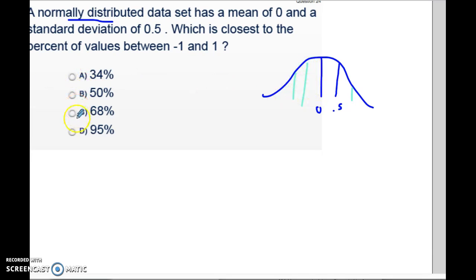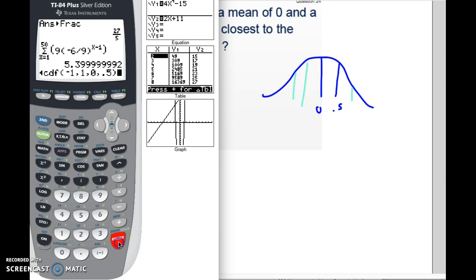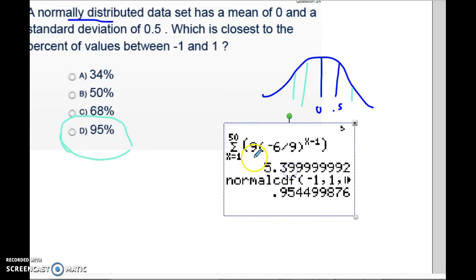So maybe you guys remember between 2 standard deviations is a 95, but we don't want to have to remember. So we can use our normal CDF and say from -1 to +1, the mean we were told was 0, and the standard deviation was a 0.5, and we hit enter, and there's your 95.